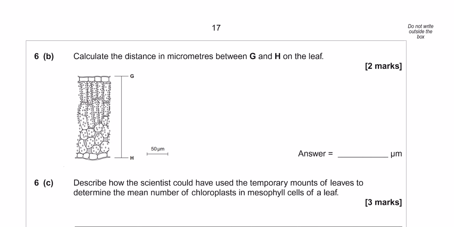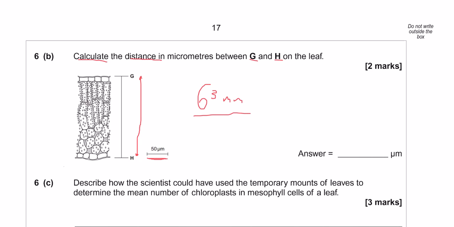Okay, so the next question, it says calculate the distance between G and H. So you've got to measure G and H. When you measure it, it could be several different values, but I'm going to say it was 63 millimeters. Could be 64 actually. But then you've got to measure this distance here. It says that distance there is 50 micrometers.